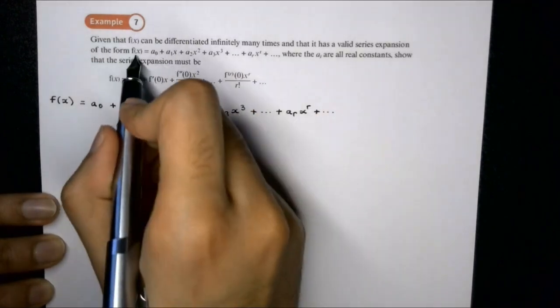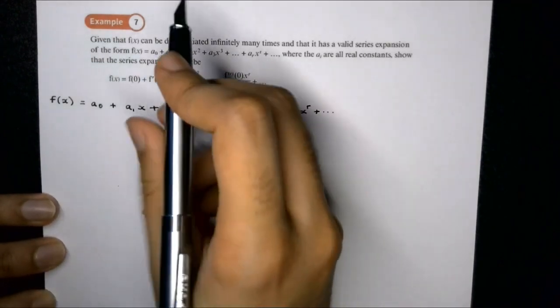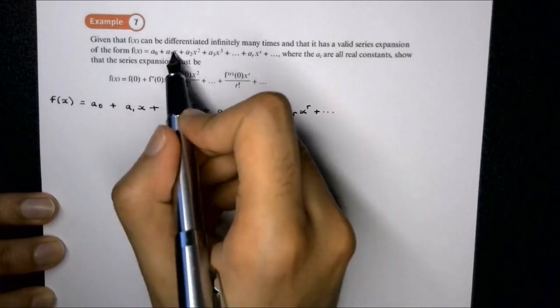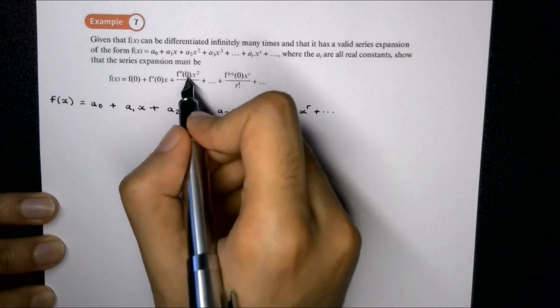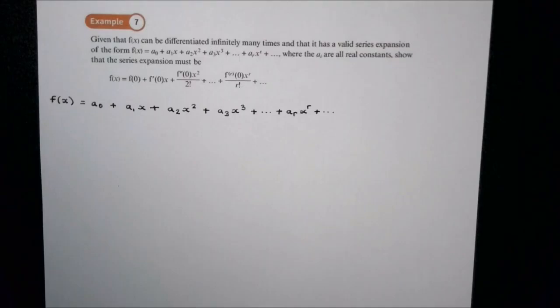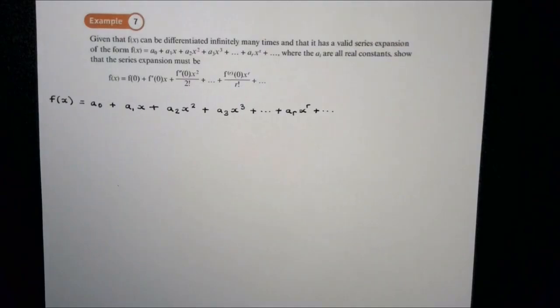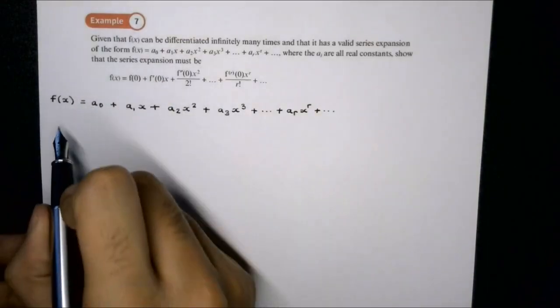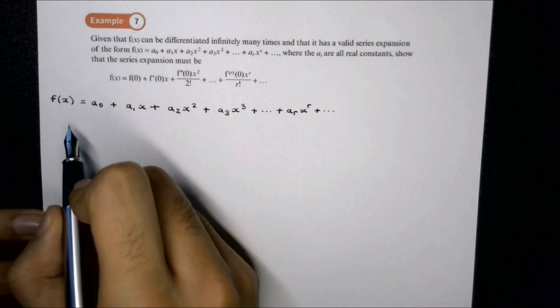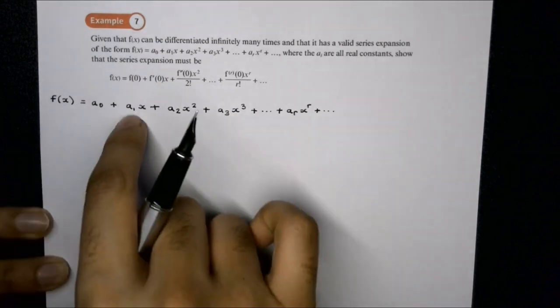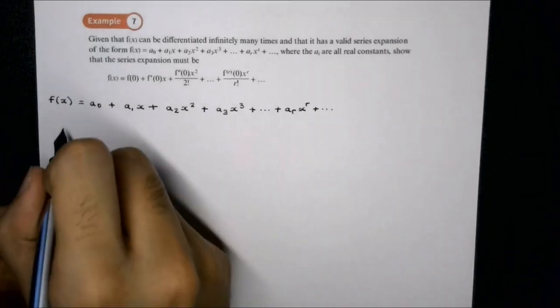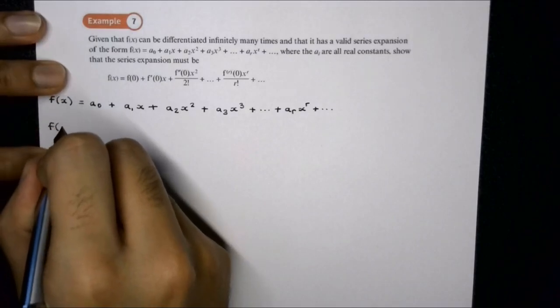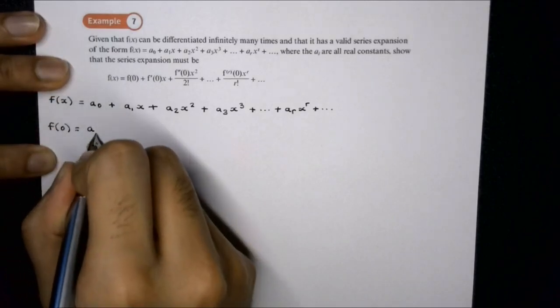And if you compare this result with what we have here, we somehow need to show a0 is equal to f of 0, a1 is equal to f dash of 0, a2 is equal to f double dash of 0 over 2 factorial, etc. Now, the way we can get a0 over here is by substituting x equals 0 into here. That will eliminate all these terms here, and we'll just be left with a0. So, clearly, f of 0 is equal to a0.